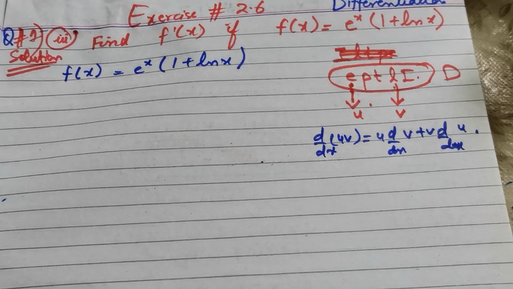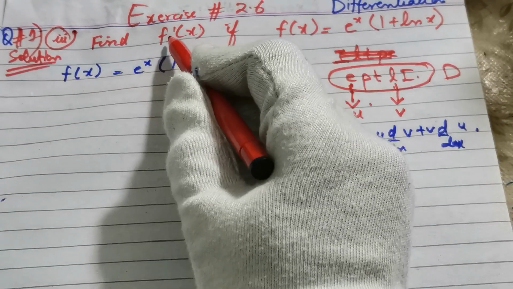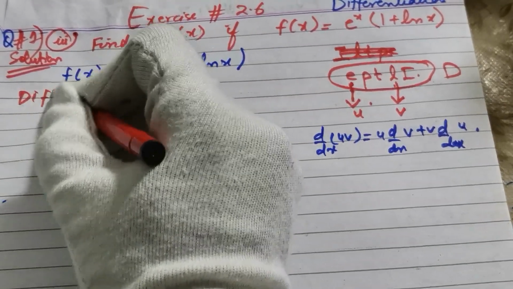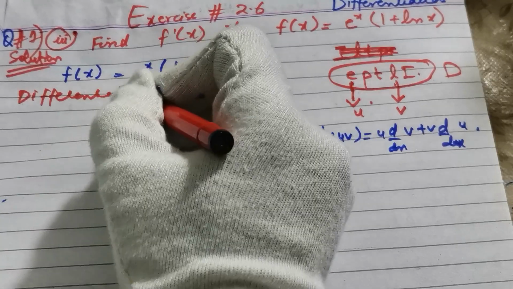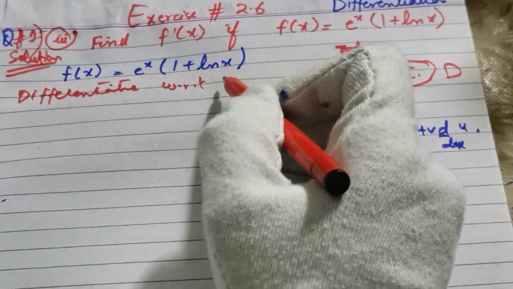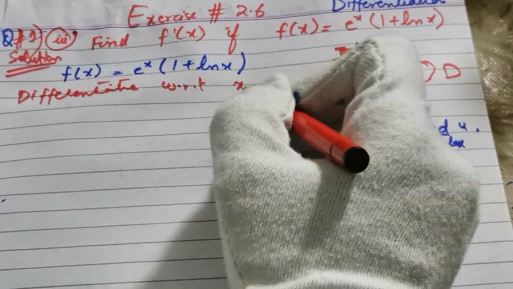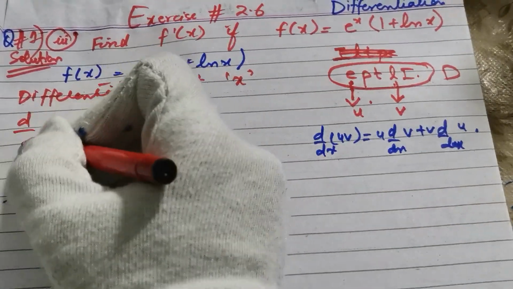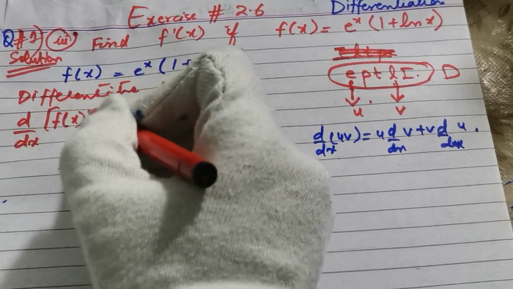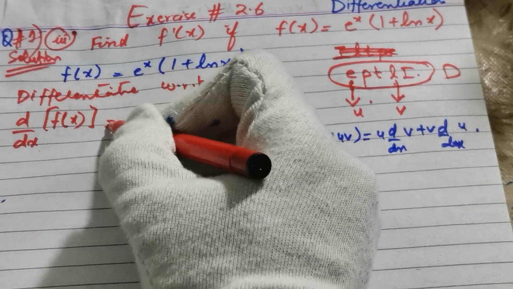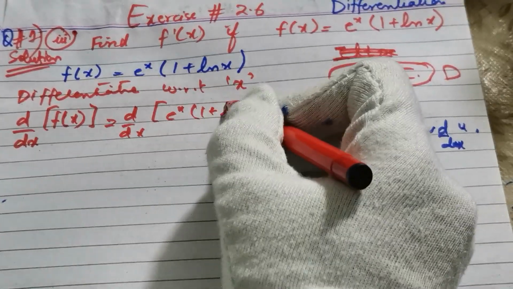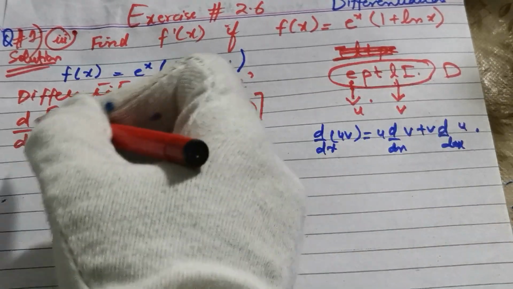So what we will do in this question, we want to find the derivative of f of x. Differentiate with respect to x, since here in the right side the variable is x. d by dx of f of x is equal to d by dx of e^x into 1 plus natural log of x.